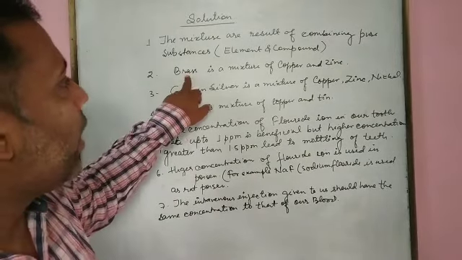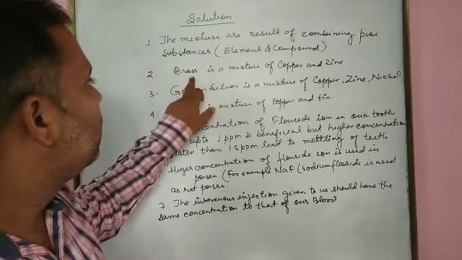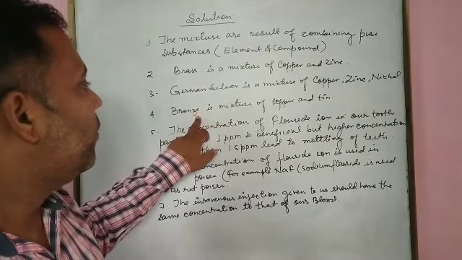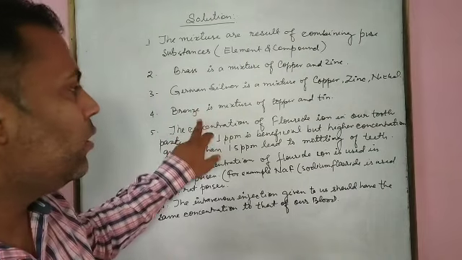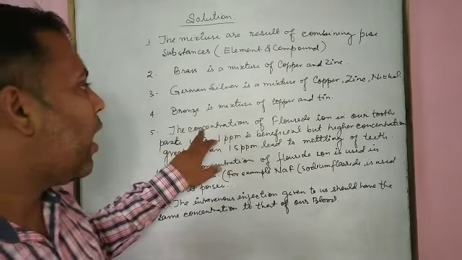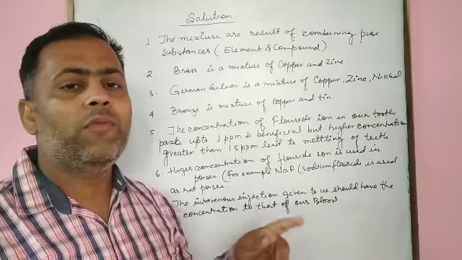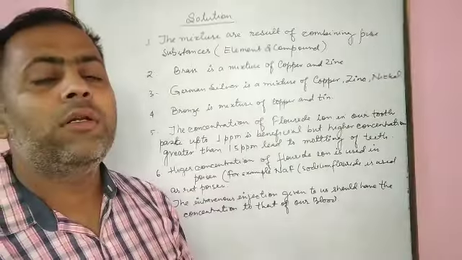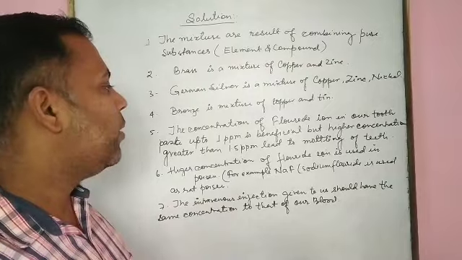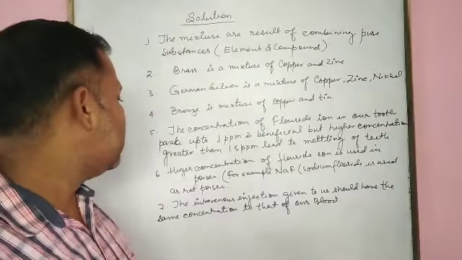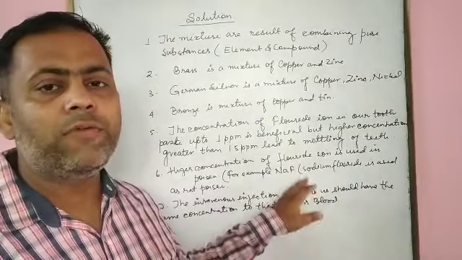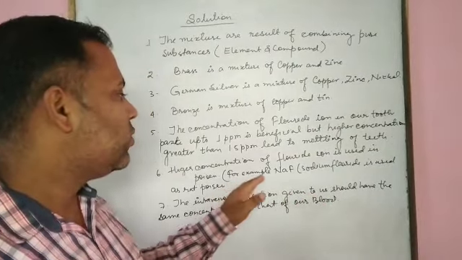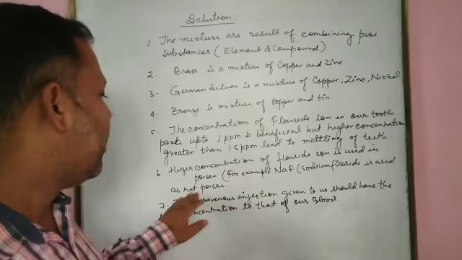We know the brass is a mixture of copper and zinc. German silver is a mixture of copper, zinc and nickel. Bronze is a mixture of copper and tin. The concentration of fluoride ion in our toothpaste up to 1 ppm is beneficial, but a higher concentration greater than 1.5 ppm leads to mottling of the teeth. A higher concentration of fluoride ion is used as poison, such as sodium fluoride used as rat poison.